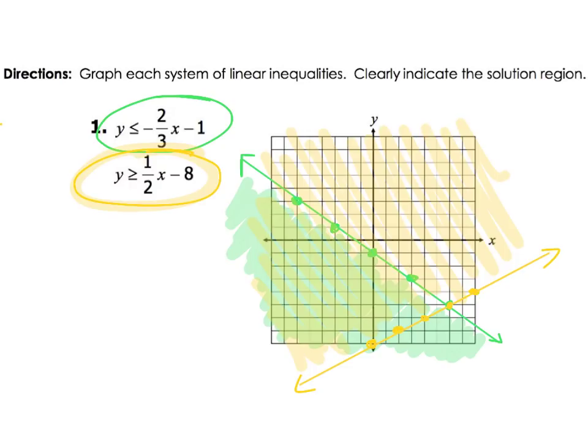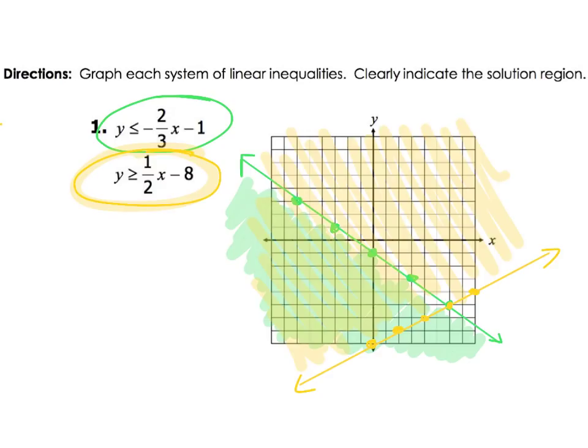Now, the solution to our system of linear inequalities is the area where they overlap. If you're only using a standard gray lead pencil, I would want you to shade the part where they overlap extra dark.